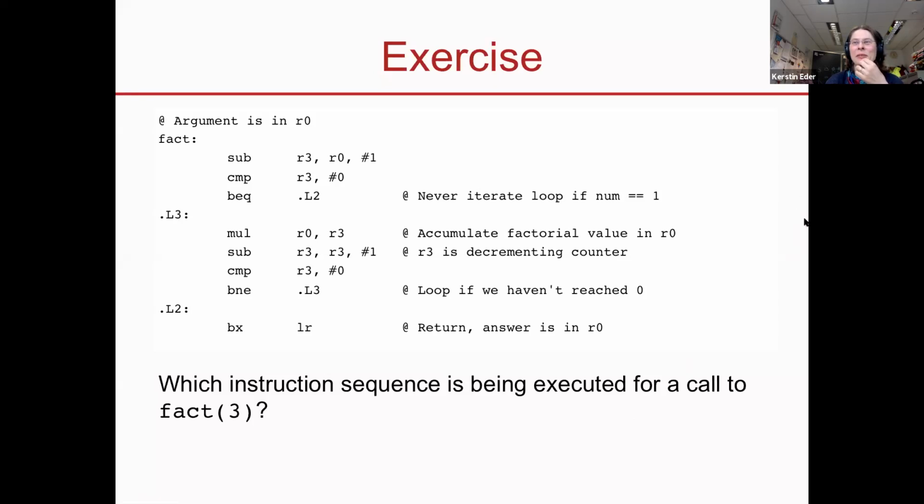Aha, there we've got some. Great. So let's have a look what we have. We have got subtraction, comparison, a branch. That's right. Multiplication, subtraction, comparison, a branch.